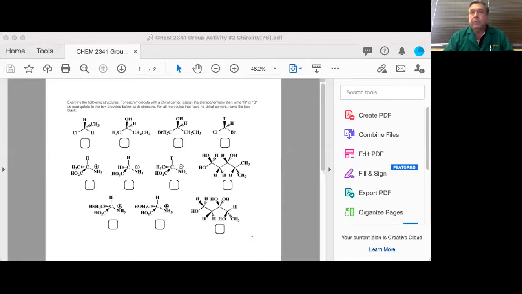I'm double checking to make sure it's in Files, under Activities. Chirality, yes, it is there. Oh, let me publish it. That's why. Publish, update. There we go.